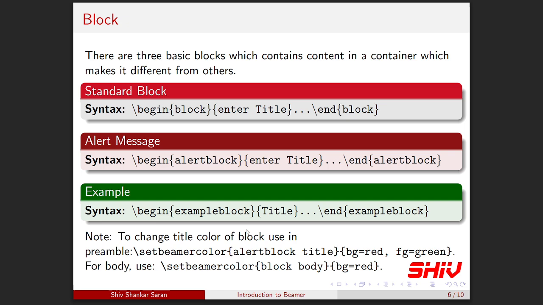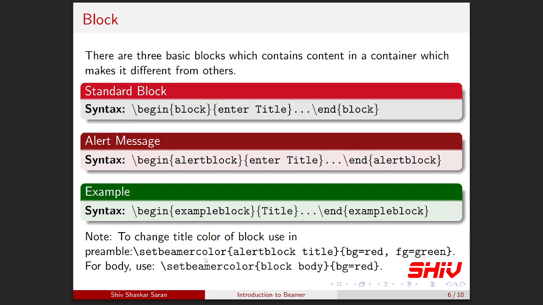Actually, I have changed the color here. By default the colors of these blocks are blue, red, green, like this. But I have changed it here using setbeamercolor in the preamble. Like in the preamble, I have set setbeamercolor, inside it alerted block title, and then bg equal to red, that is background equal to red, and fg equal to green, that is foreground equal to green.